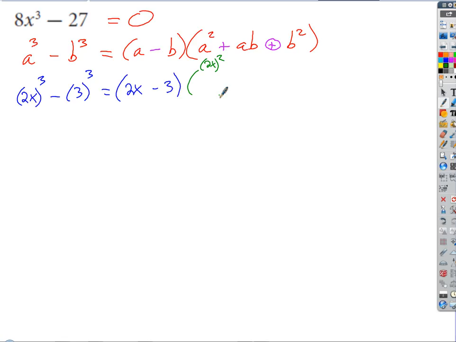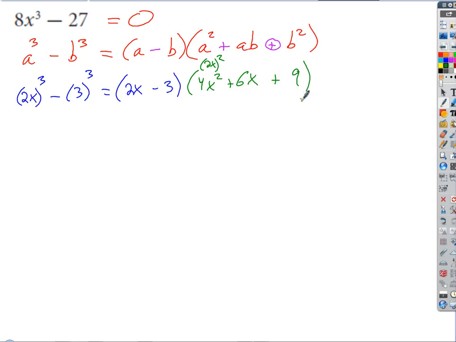So we'll skip right to 4x squared, plus a times b. 2x times 3 gives us 6x, and then plus 9.